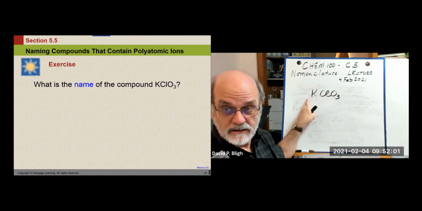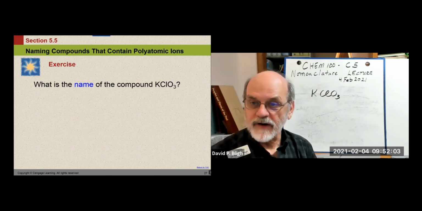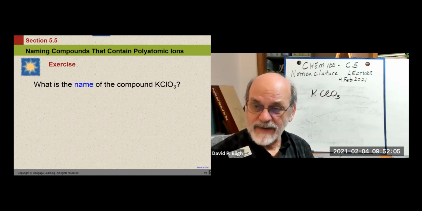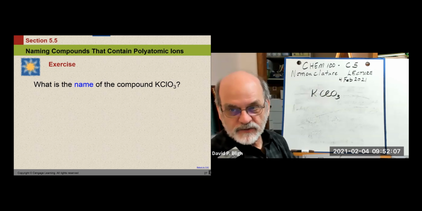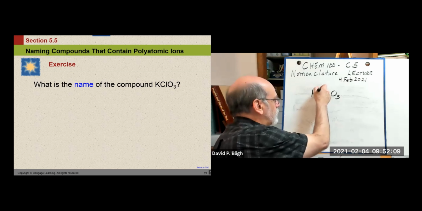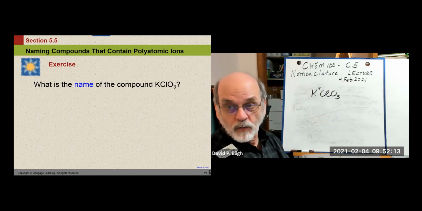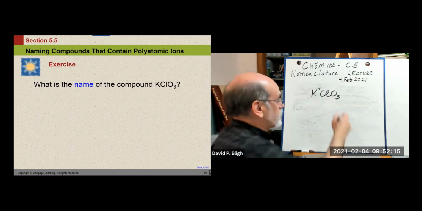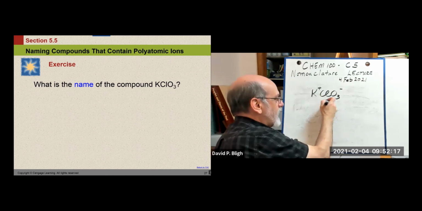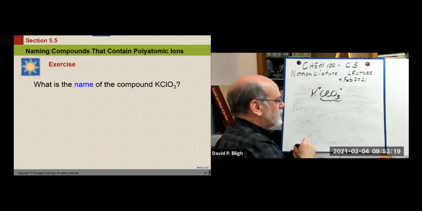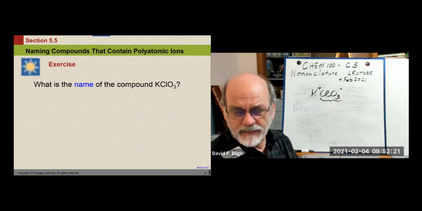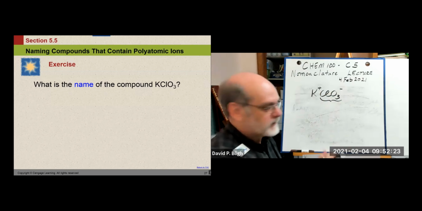We have a metal. Where does it come from? It's an alkali metal. It can only have +1 charge. That's it. And we can deduce from the formula that this one has a -1 charge, that group. We just need to know what is the name. So go look it up.